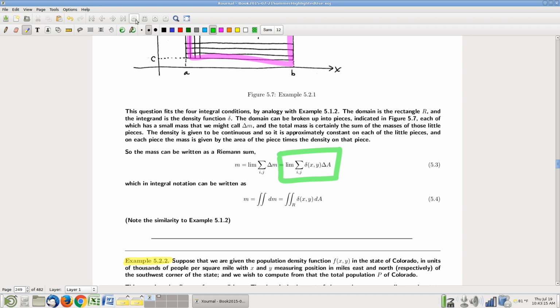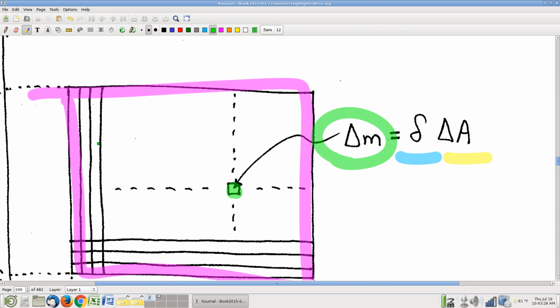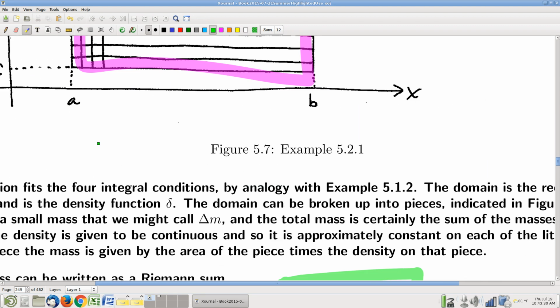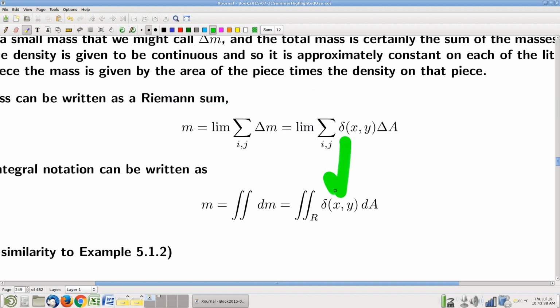This is one of those situations like I was talking about where we have an application that doesn't have anything to do with volume. This is about an area and mass. There's no volume in this question. But the answer to the application is a Riemann sum, and we have a notation for Riemann sums. We write them as double integrals.